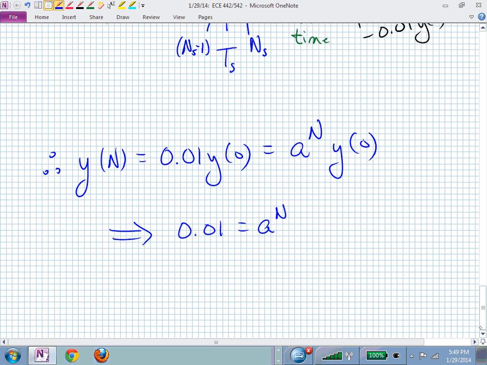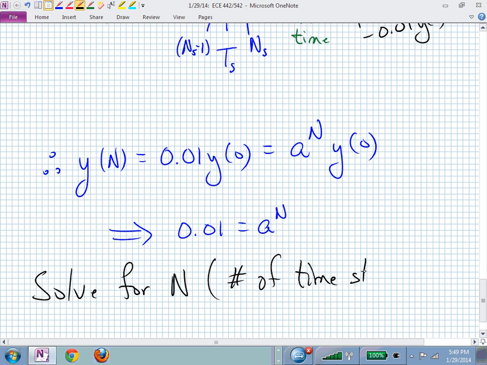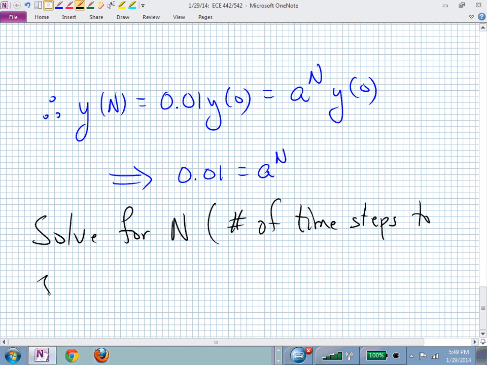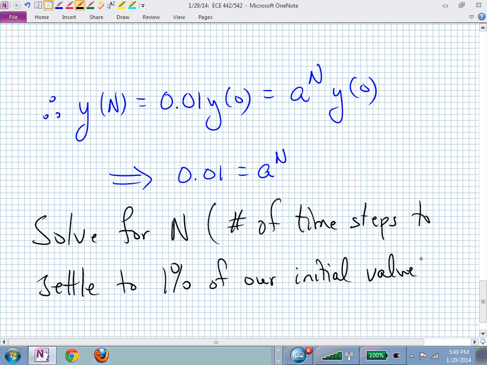Now we can solve for N, which is the number of time steps to settle to 1% of our initial value. Questions on that?